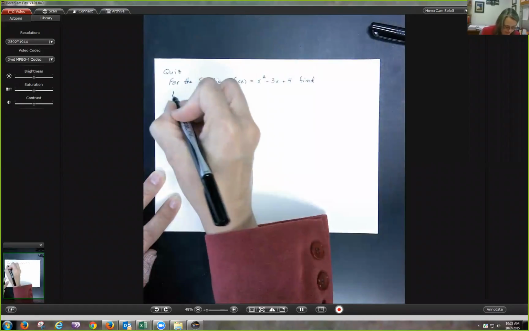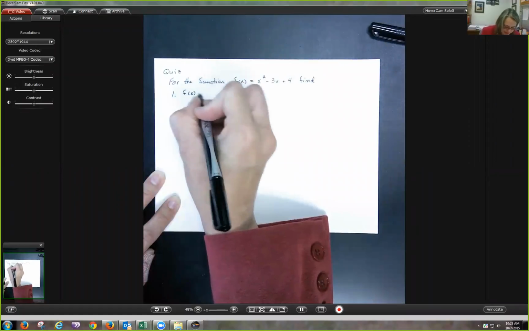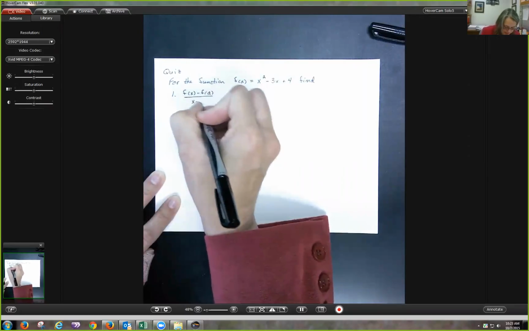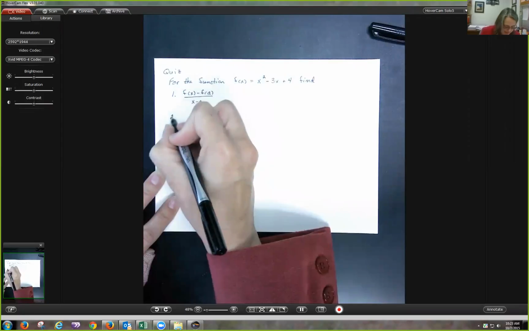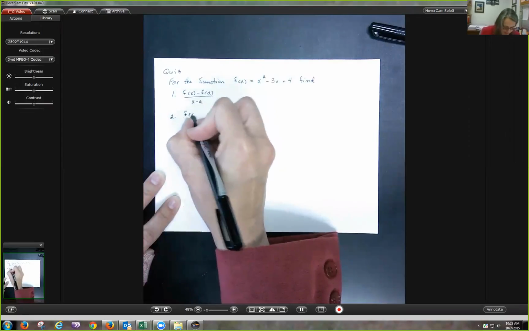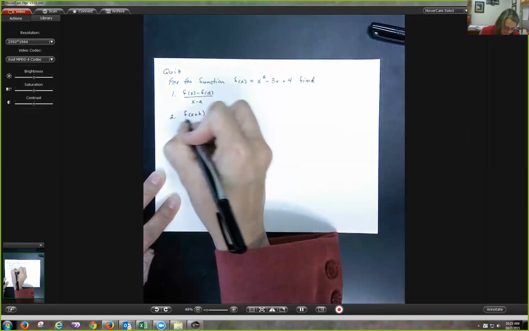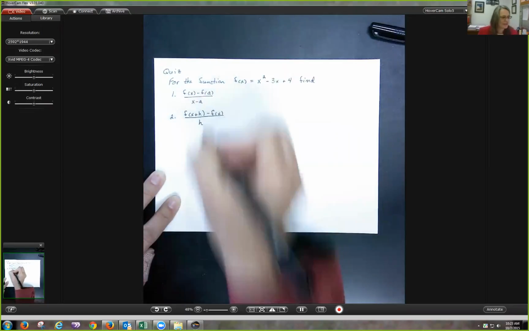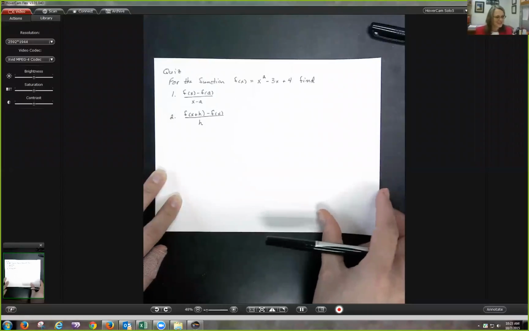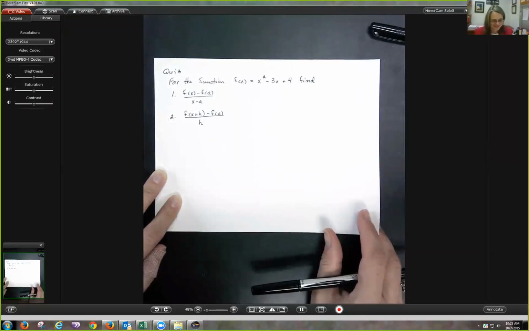Find first the difference quotient f of x minus f of a all over x minus a. And second, the difference quotient f of x plus h minus f of x all over h. All right. If you need to pause this to write those down, go ahead, but this is your quiz for this lecture.